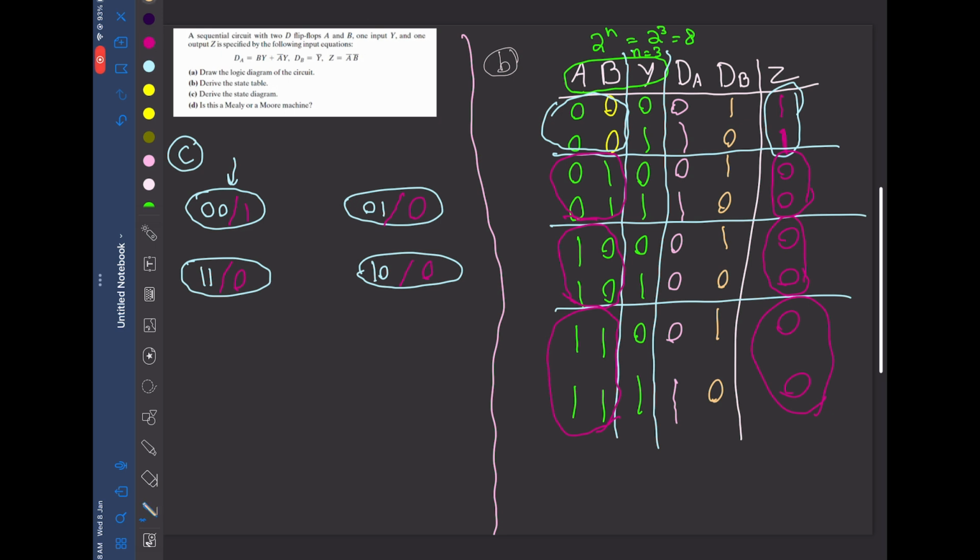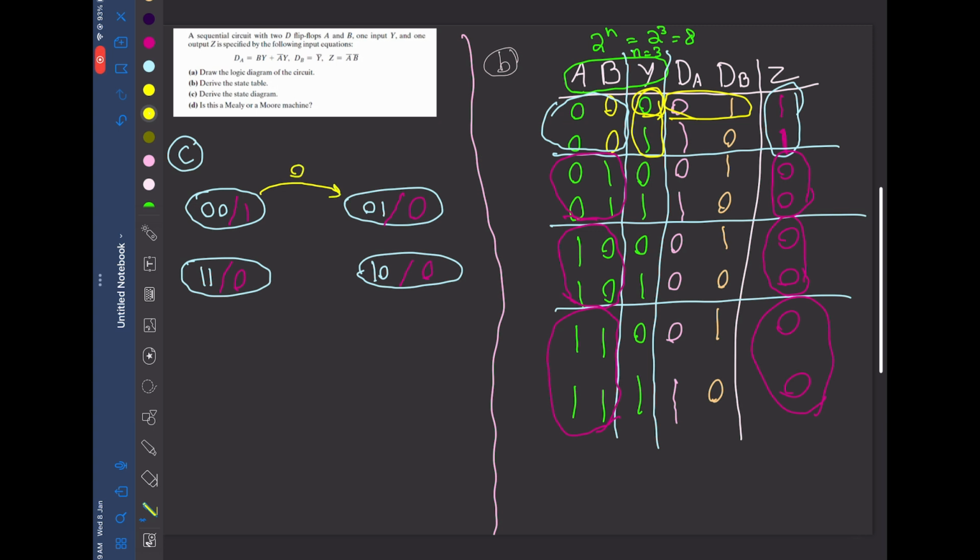Okay, now we have to put the link between them, which is the input that reaches to the DA, DB, which is the other 2 binary numbers. So first one has 00. The input was 0 and it led to 01. So we move from 00 to 01 with the input 0.